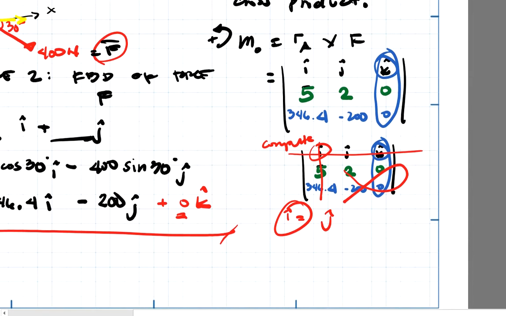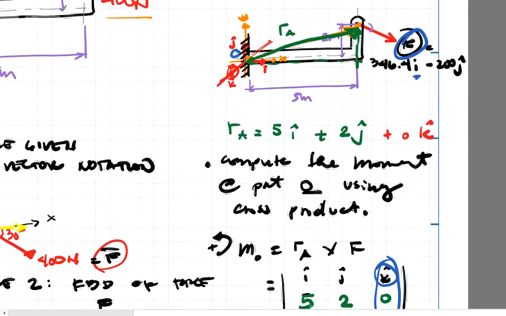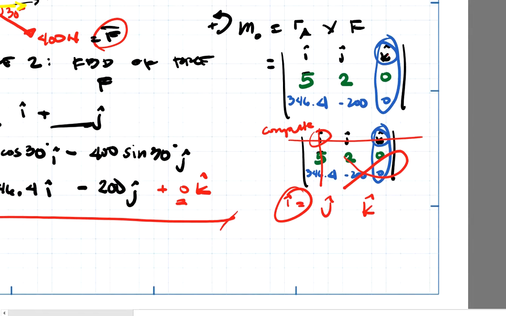Okay, and what we have left here is the K component. For our K component, we cover this part and do this pattern.